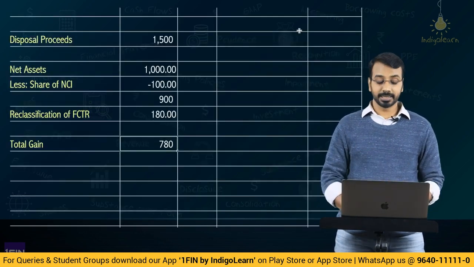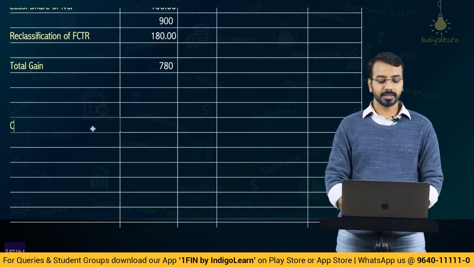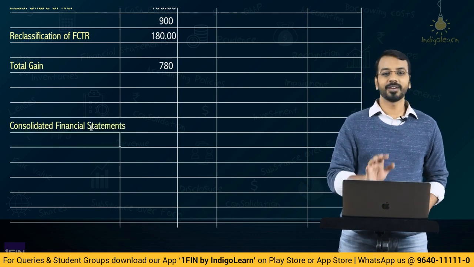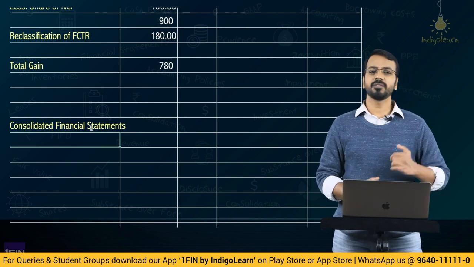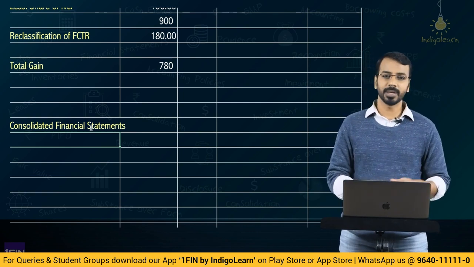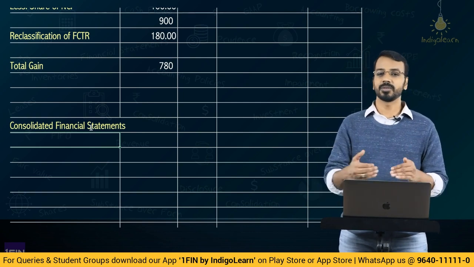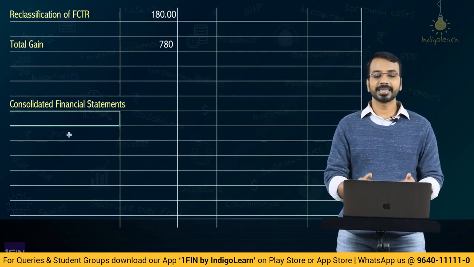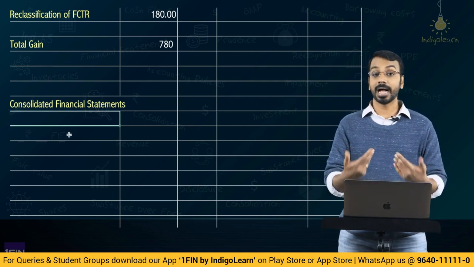The other way to understand this is from the consolidated financial statement. I am not talking about individual financial statement, because if it is an individual or standalone financial statement, the sale minus cost of investment will be the gain. In the consolidated financial statement, what is happening? Net assets worth 1000 is going out.